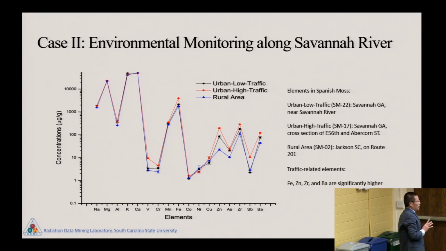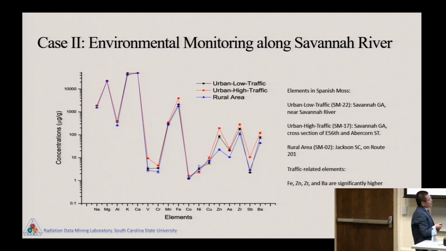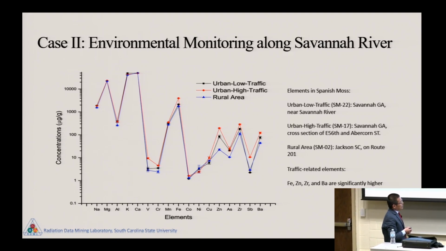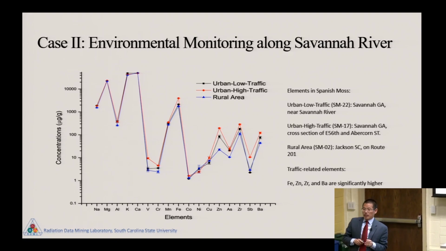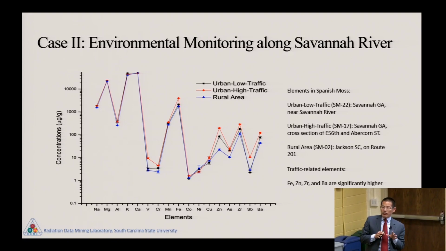Okay, you can see that the traffic-related elements, iron, zinc, zirconium, and barium, are significantly higher in the urban higher traffic area. So the Spanish moss growing there actually gets a lot of heavy metals. These things are all coming from your gas.